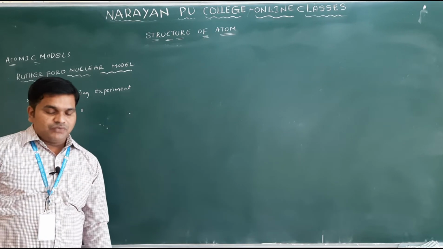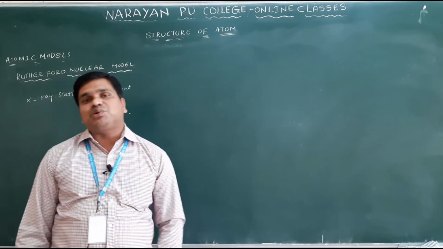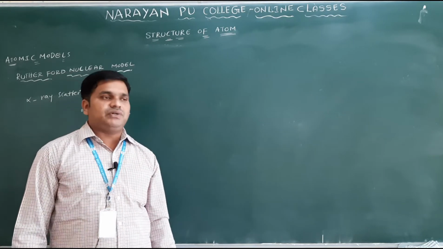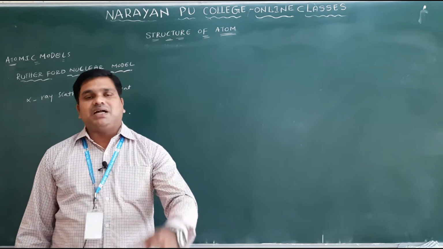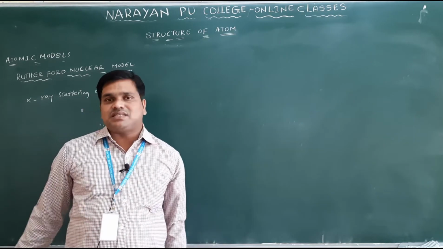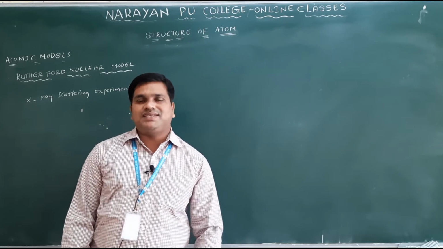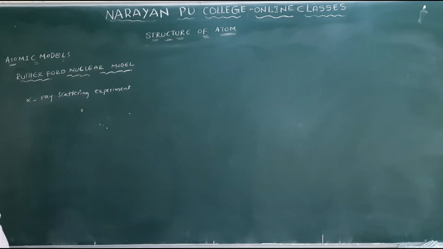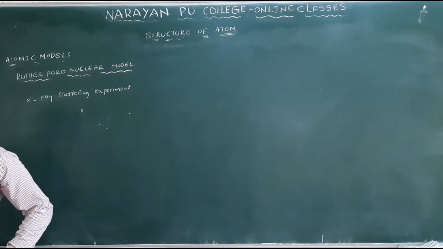Whenever an alpha particle hits the gold foil, some light is produced on the zinc sulfide screen. We want to identify where these particles are deflected by the gold foil. What deflections you observe is the main concept in this experiment. So he proposed an atomic model mainly based on the alpha ray scattering experiment.